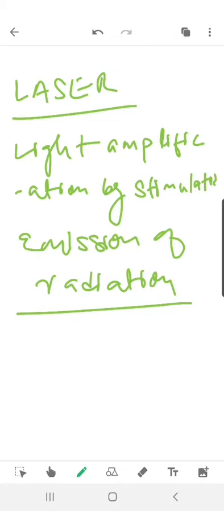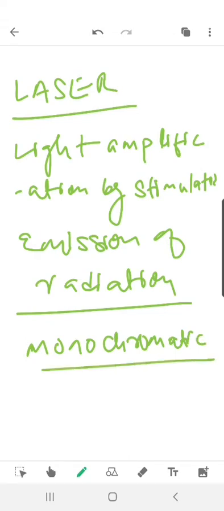Highly directional means all the light emitted from the laser is in a single direction. Okay, it is monochromatic. Monochromatic simply means that the light is always of a single color.